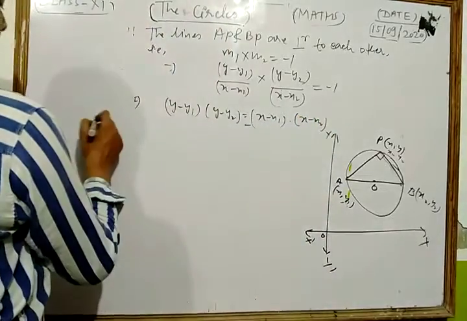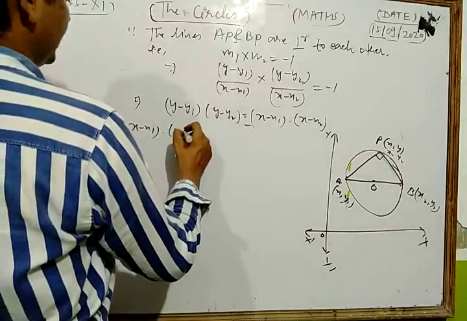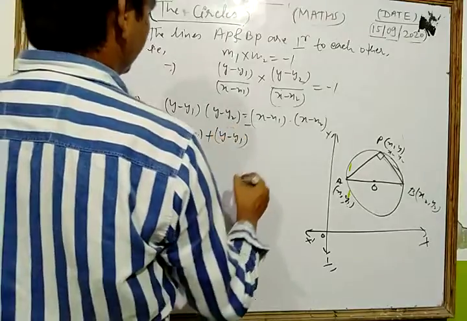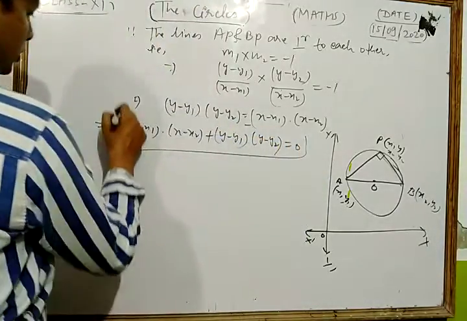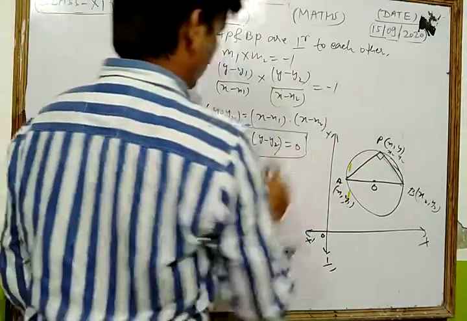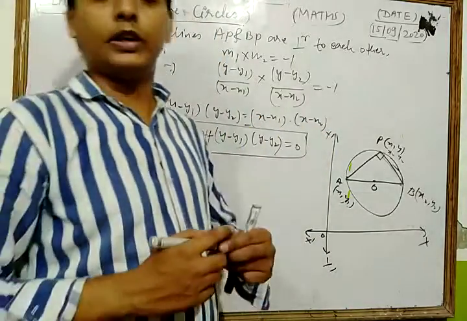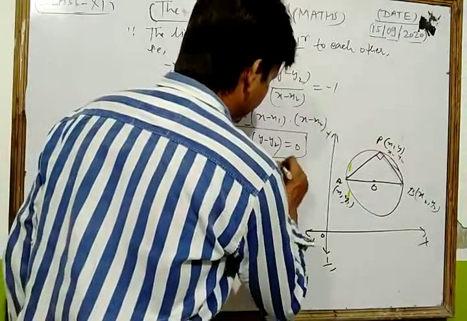Now we transfer that side, and we get x minus x1 into x minus x2 plus y minus y1 into y minus y2 is equal to 0. Hence, dear students, we have proved that result.